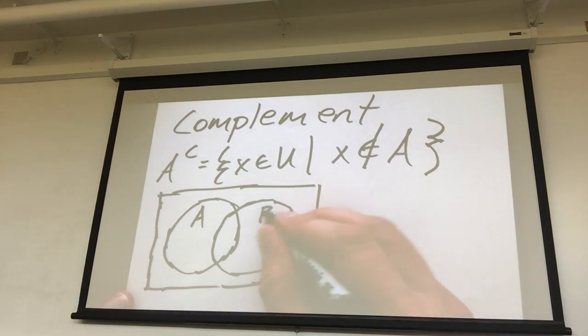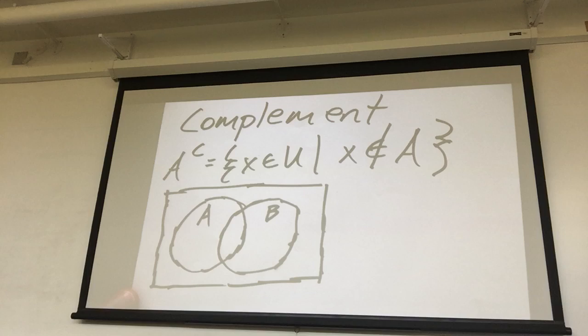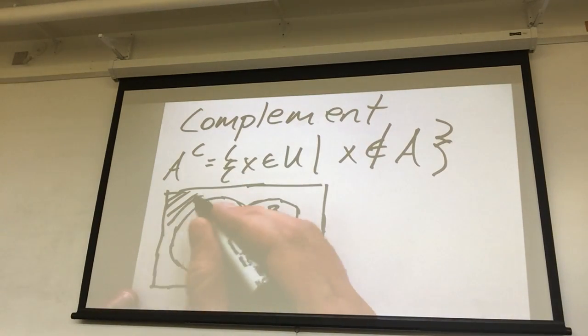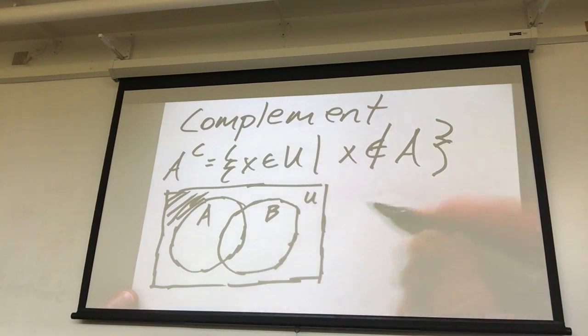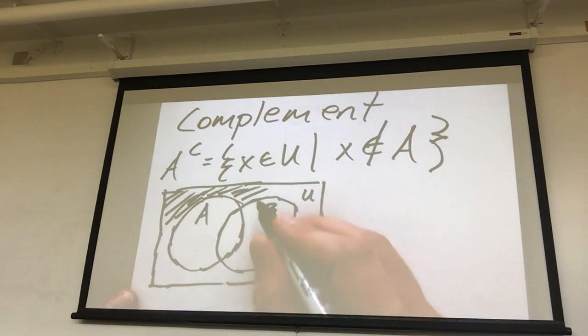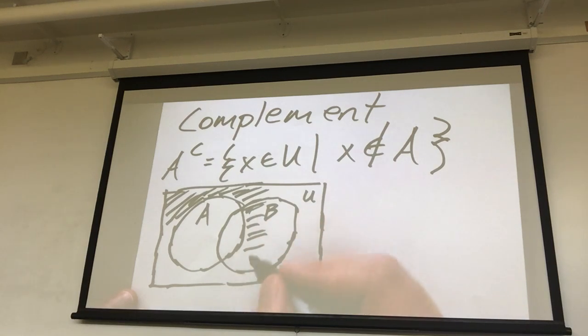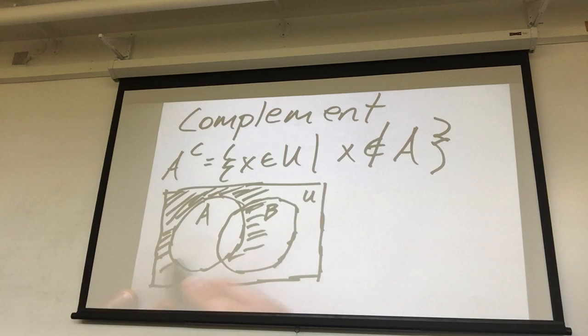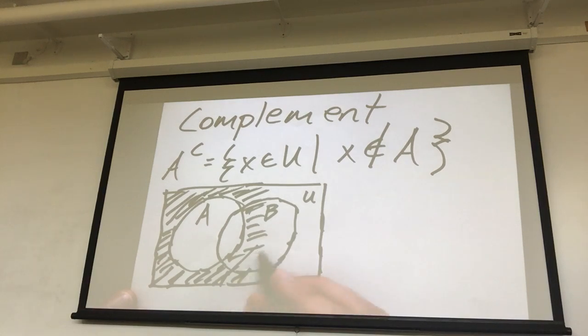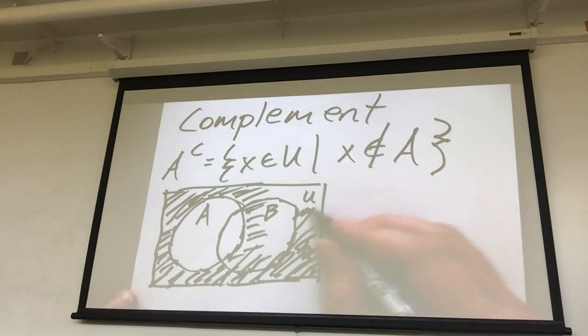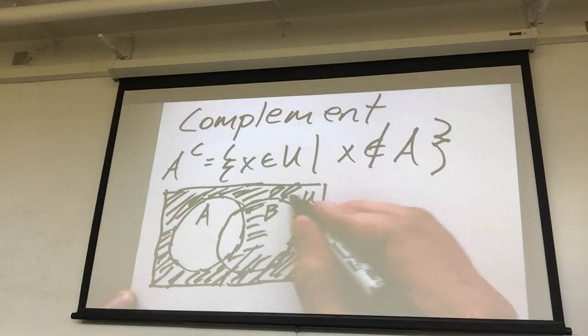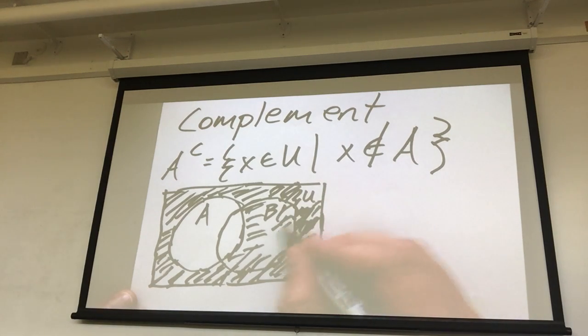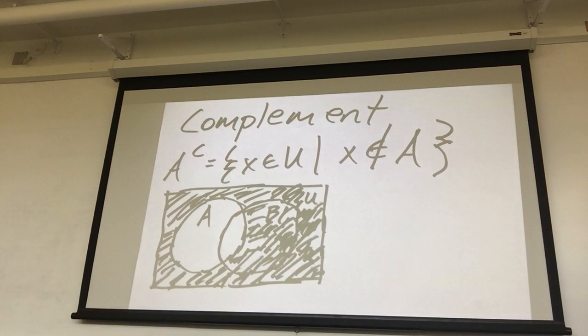So if this is A, this is B. If we're saying the complement, this means all X within U, and we could just describe this general domain as U. So it fills up all of that.